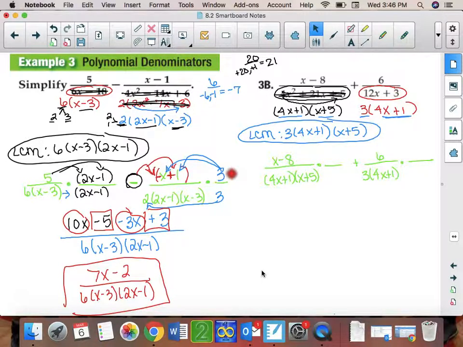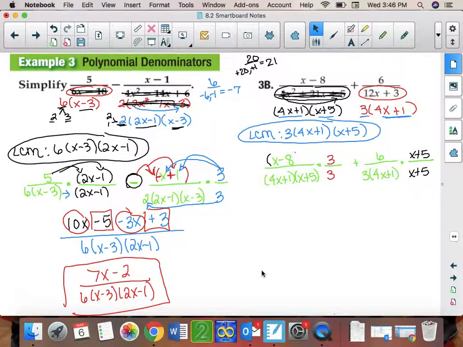Okay, so if you look here at my denominator, 4x plus 1 and x plus 5, I'm close. The only thing I'm missing is this 3. So I just need to multiply the top and the bottom by a 3 here. And then over on this side, I have the 3, that matches. I have the 4x plus 1. I still need this x plus 5. So I'm going to multiply by the x plus 5, top and bottom.